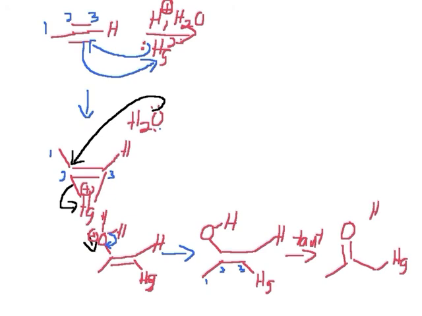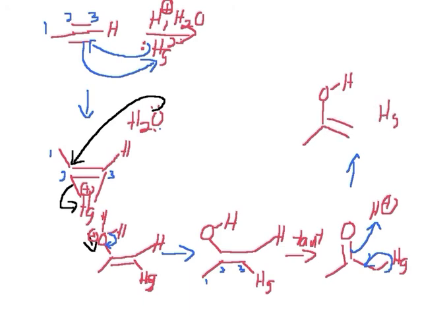So that's when the H plus comes into play. Our mercury can leave. These electrons will go here, and this pi bond will go get the H plus. So now we have mercury, Hg2 plus again.